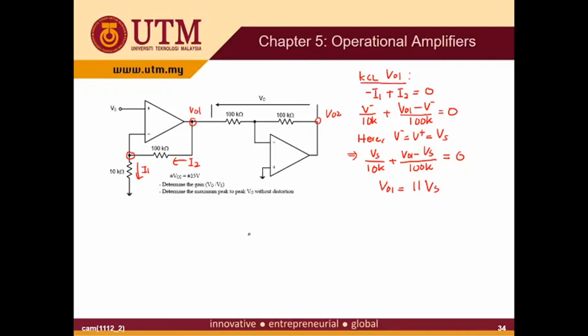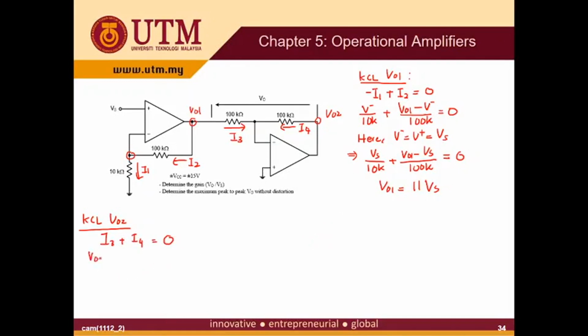Okay, so next we do the KCL for V out 2. Let's say this is I3 and this is I4. I3 and I4 are both entering. So I3 plus I4 equal to 0. What is I3?